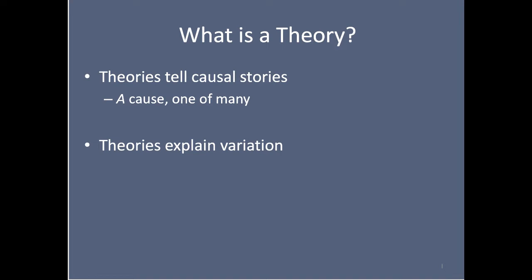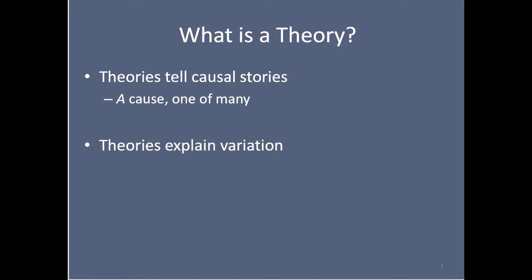Lots and lots of things will influence that. Income, weather, age, other economic opportunities, all kinds of things. When we focus on one cause, we don't mean that's it, it's all due to that one thing. It's just that we're choosing to focus on that cause.